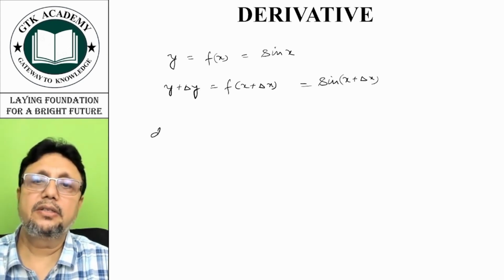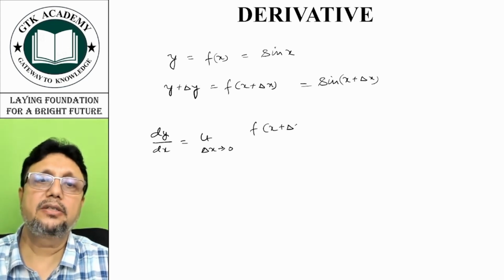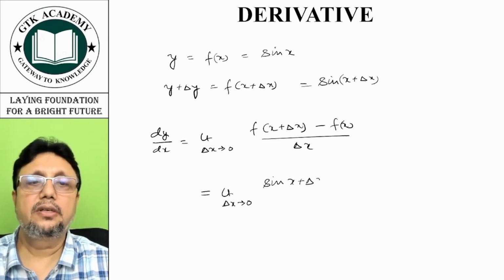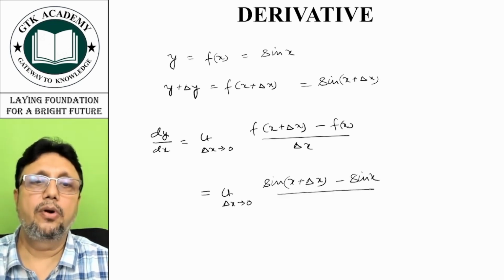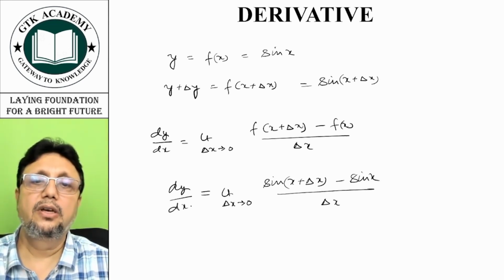So dy by dx is equal to limit delta x tending to 0 of [f(x plus delta x) minus f(x)] upon delta x, which in this case is limit delta x tending to 0 of [sine(x plus delta x) minus sine x] upon delta x. This is your dy by dx in this case.